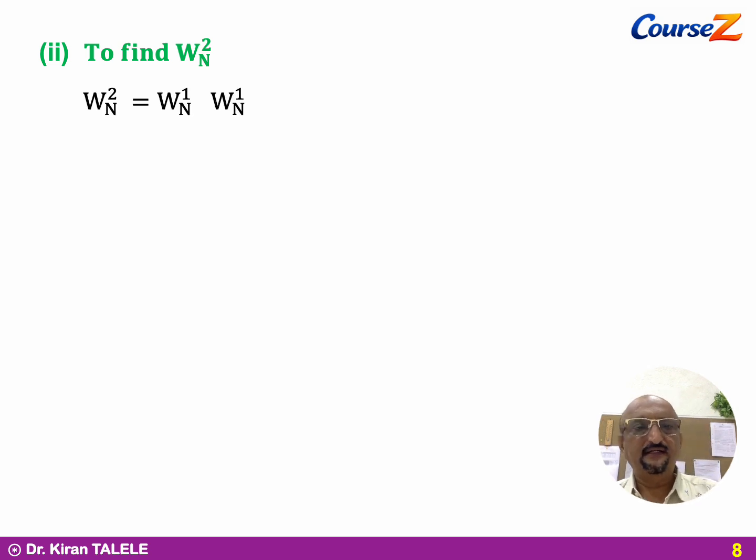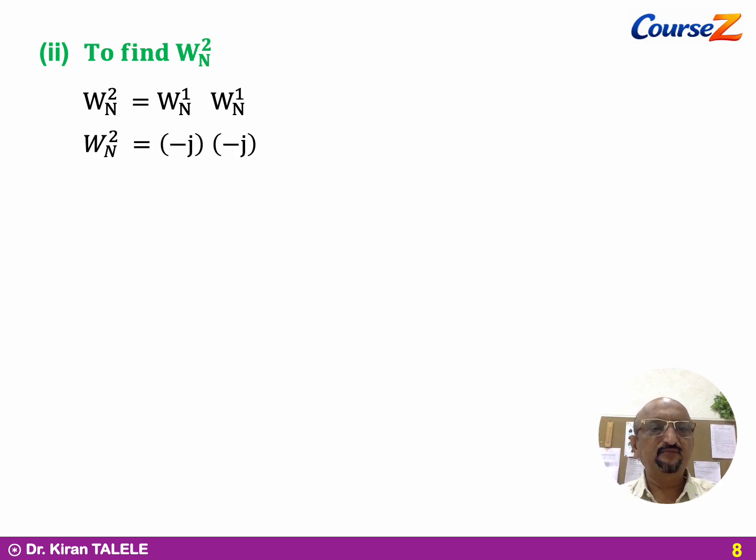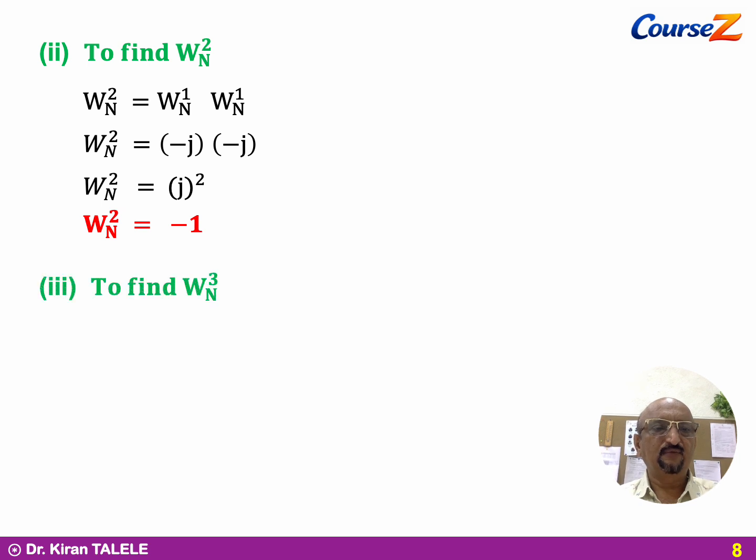Similarly, W N raised to 2. We can easily calculate it by the basic definition of W in terms of e raised to j term. But instead of going that way, we can write W N raised to 2 in terms of W N raised to 1, where W N raised to 1 is minus j. So minus j into minus j is j square, that is equal to minus 1.